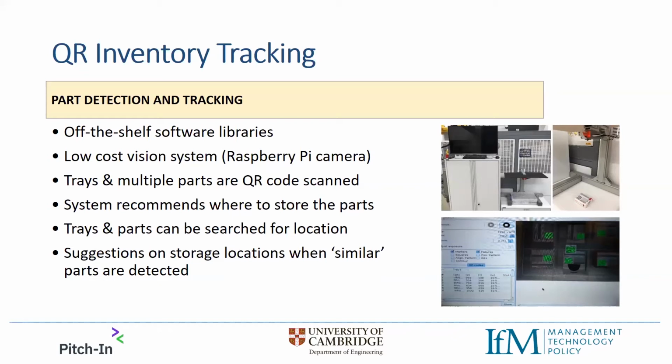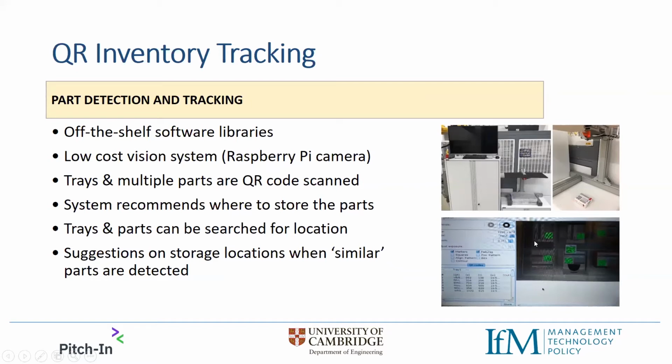As you can see in the figure here on the right-hand side, on top we can see this small vision system deployed on the Raspberry Pi, and the parts that can come either as an individual part, in this case a box with the QR code, or they can come together in a tray.